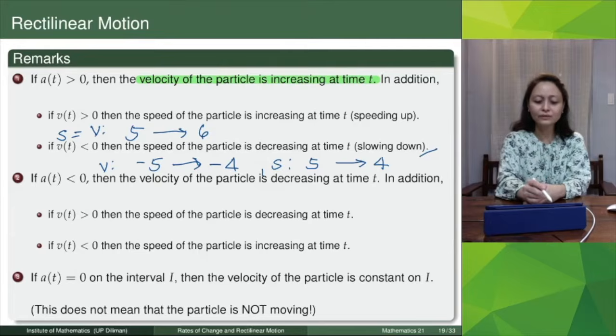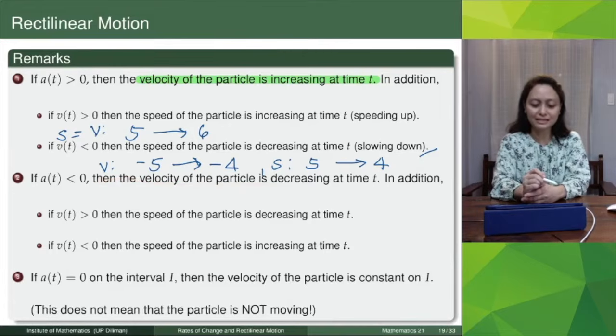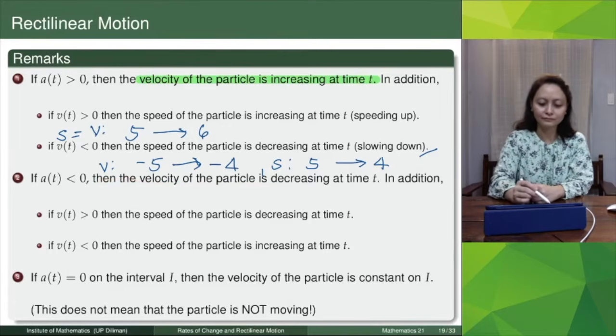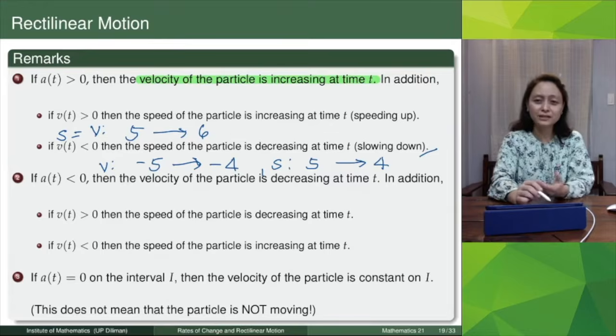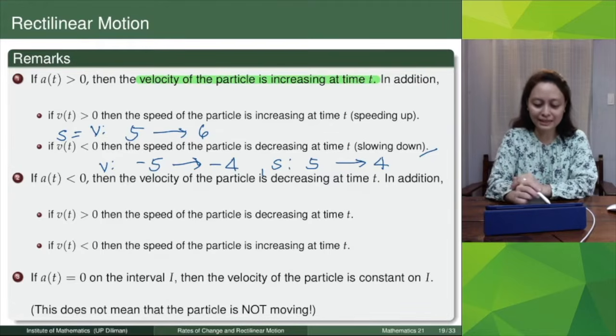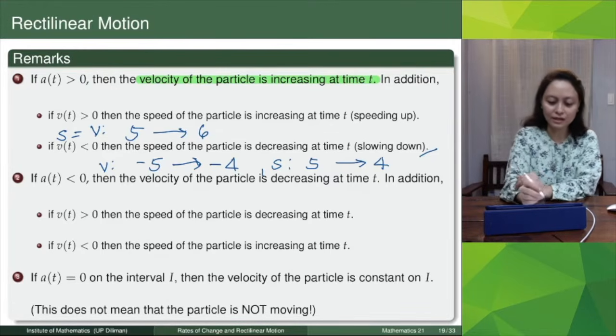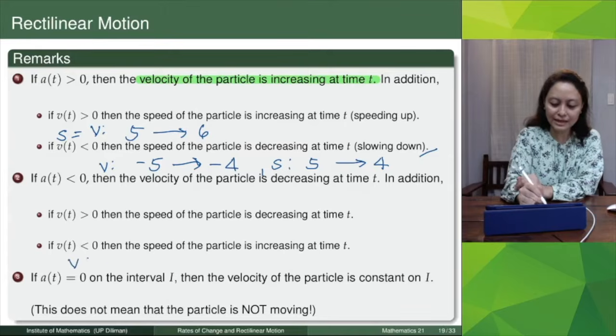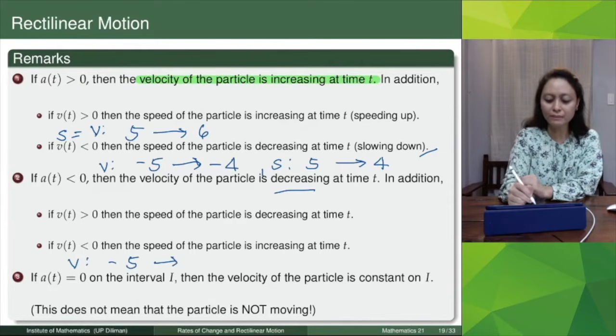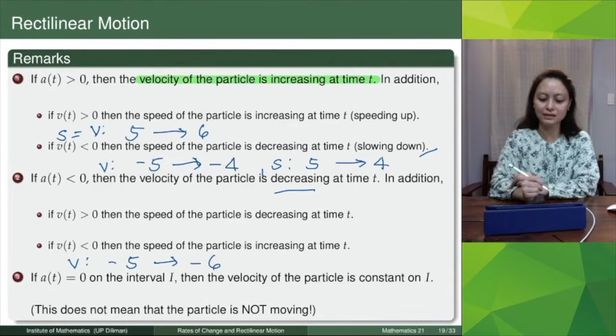Ganun din, kung negative naman yung acceleration, we say that the velocity of the particle is decreasing. Pag positive yung velocity, obvious naman. Tingnan na lang natin kung negative yung velocity. Say the velocity is negative 5 and decreasing: from negative 5, bumaba siya to negative 6.